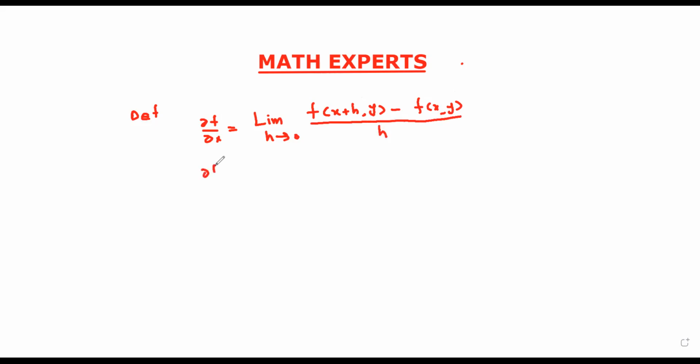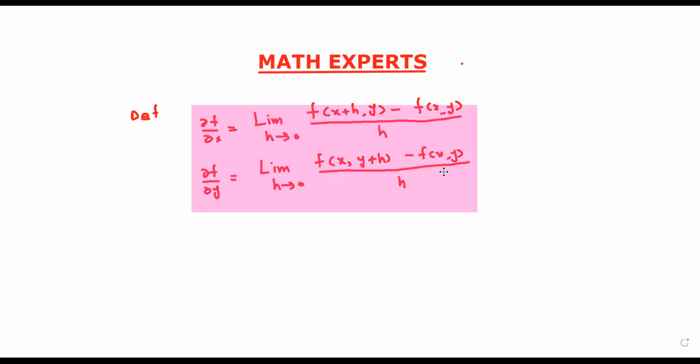And for partial f by partial y, we use the limit as h approaches 0 of f of (x, y plus h) minus f of (x, y), divided by h. So we will use these two definitions and compute partial f by partial x and partial f by partial y at the specified points.